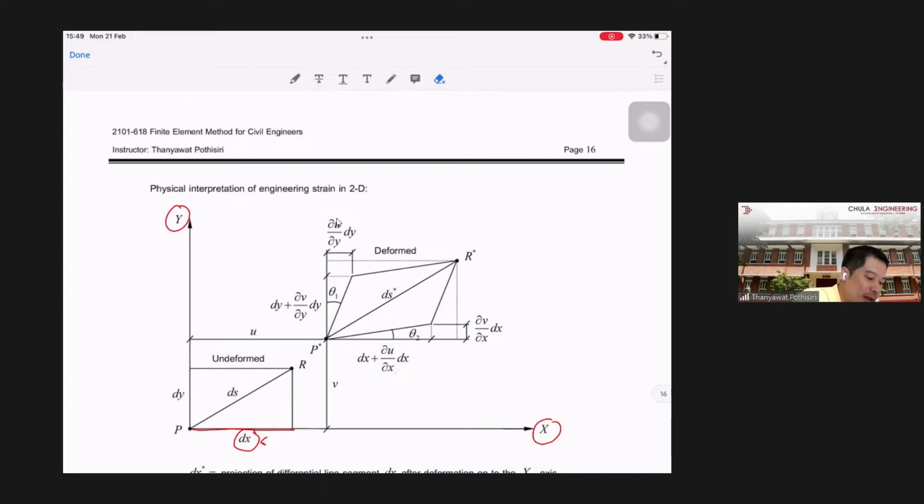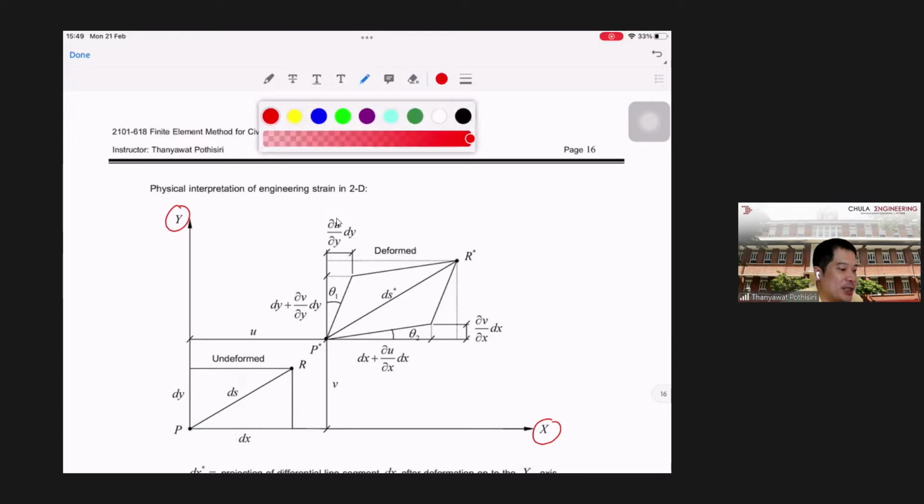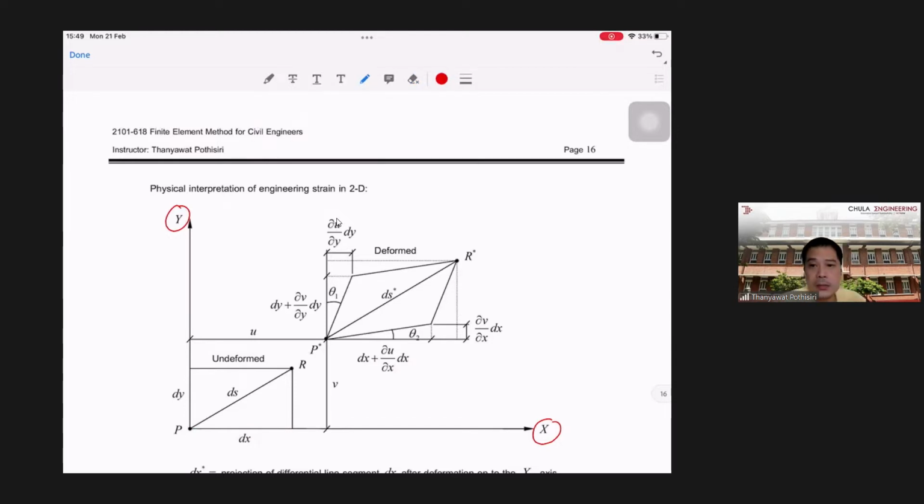Now, when you want to describe deformation of a structure in a plane like this, then as I mentioned previously, you can't use only a single point to describe deformation. So you can say that I have a point P here, and then I can describe the movement of a point P like that.